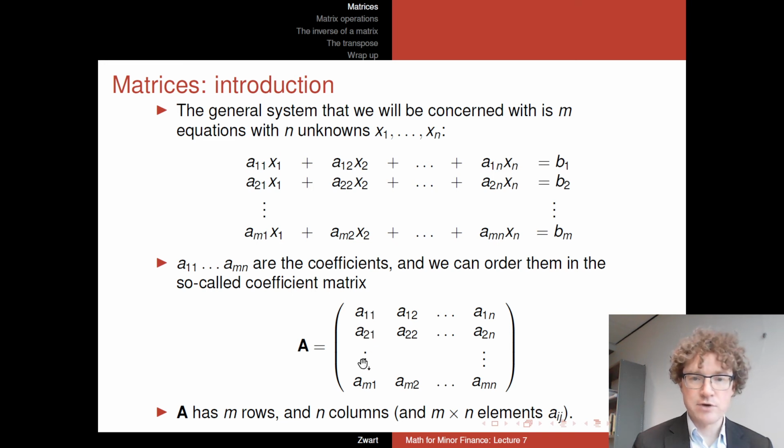This is the first column, this second vertical stack is the second column, until the nth vertical stack, that's the nth column. So the m rows and n columns, and in total there are therefore m times n different elements, these different a's that you see in these equations. Okay, so that's just a name.